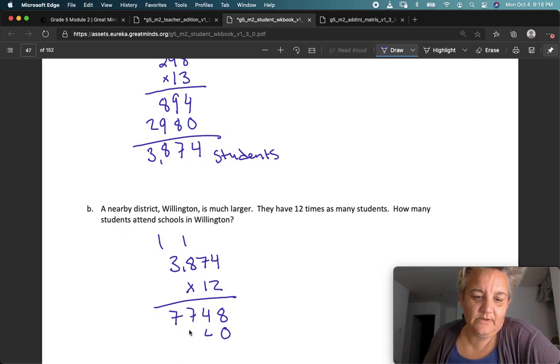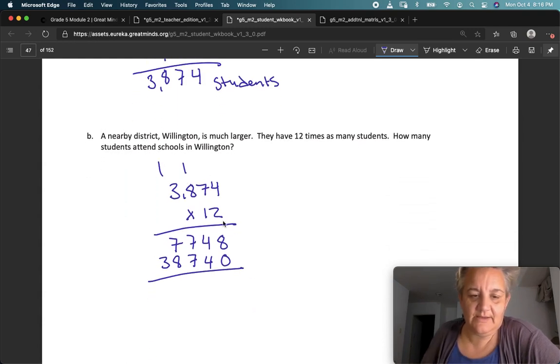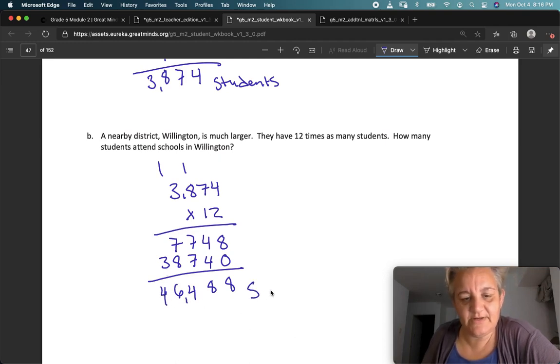And 4, 7, 8, 3. Okay. Now add 8, 8, 14, 16, and 4. 46,488 students. Wow, that's a big district.